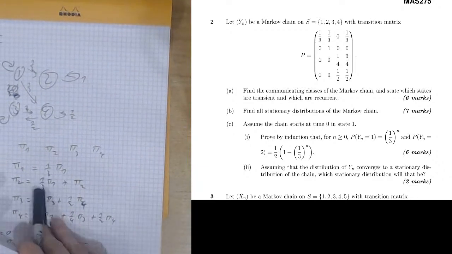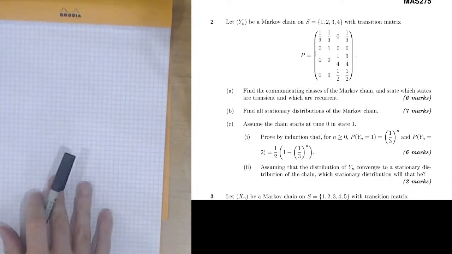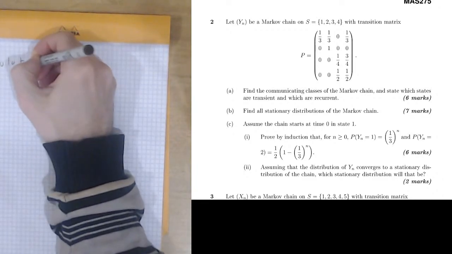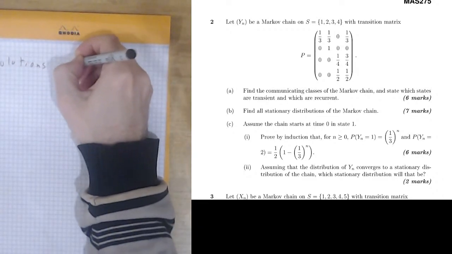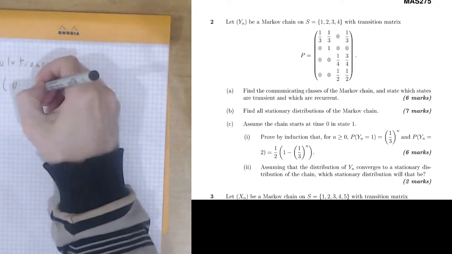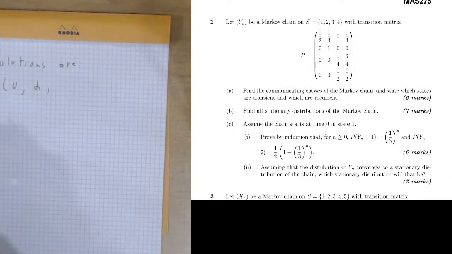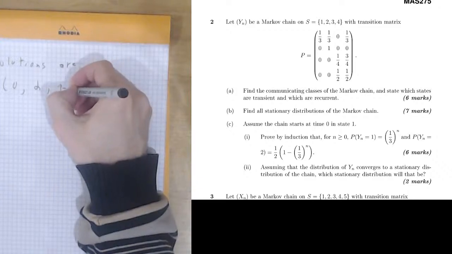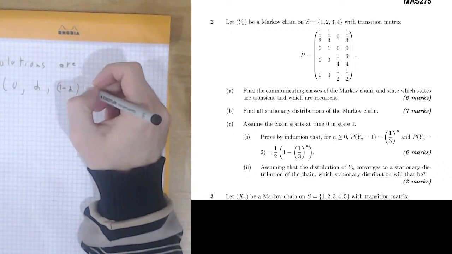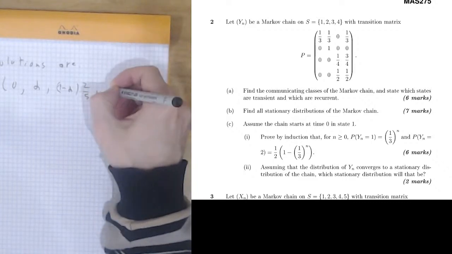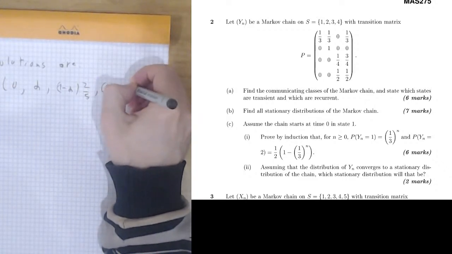So one way of writing the solutions, you can parameterize them by pi2, 0, say pi2 is alpha, and then pi3 and pi4, there'll be 1 minus alpha times, so I guess it's 2/5 and 3/5, yeah, 2/5 and 3/5.